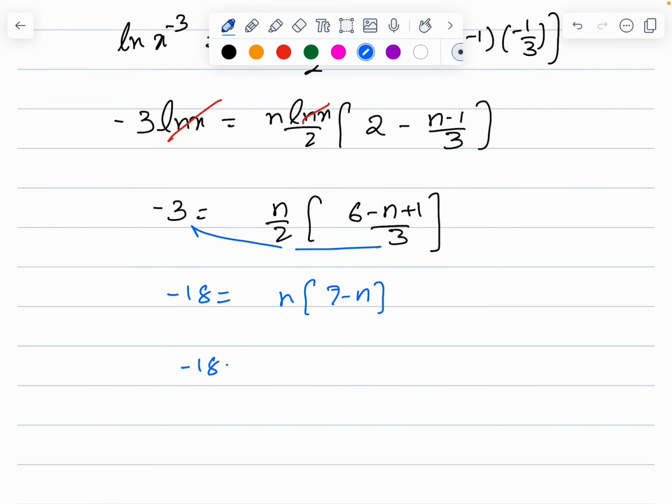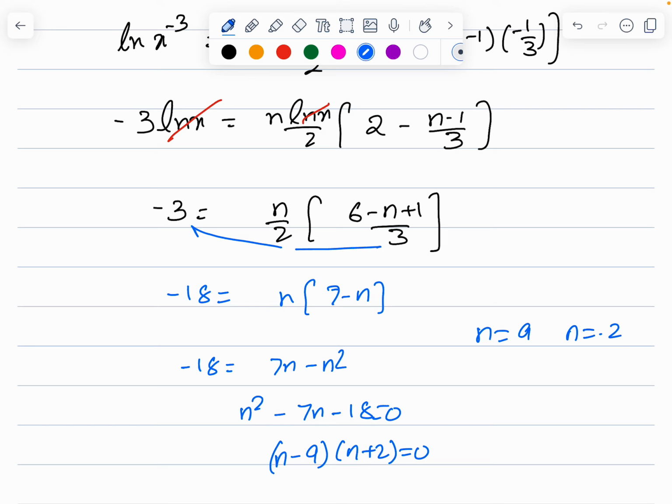So negative 18 equals 7n minus n square, so n square minus 7n minus 18 equals 0. (n minus 9) times (n plus 2) equals 0. You get n equals 9, n equals negative 2. But n cannot be negative, so therefore n equal to 9 is going to be the answer.